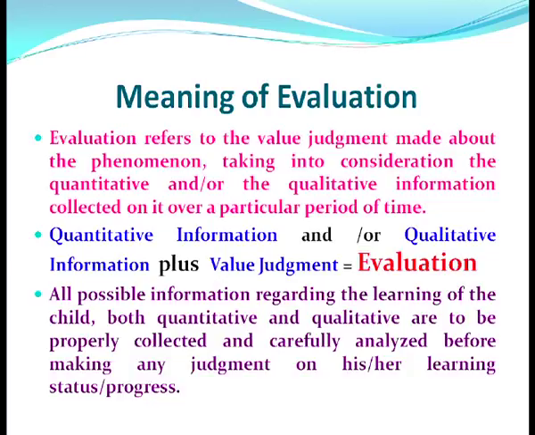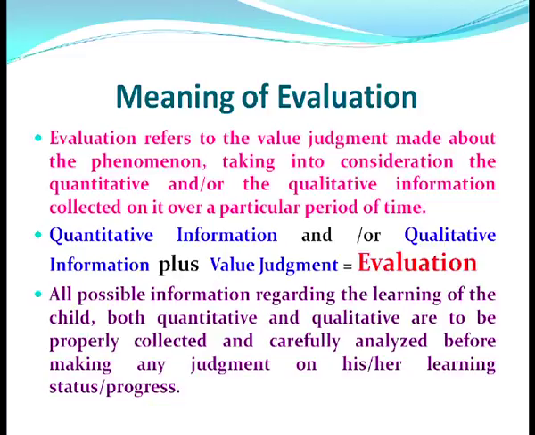In other words, we can say that quantitative information is the measurement of the attributes, whereas the qualitative information is a part of assessment, and value judgment is another feature which is added in the process of evaluation. That means evaluation includes measurement, assessment plus value judgment.